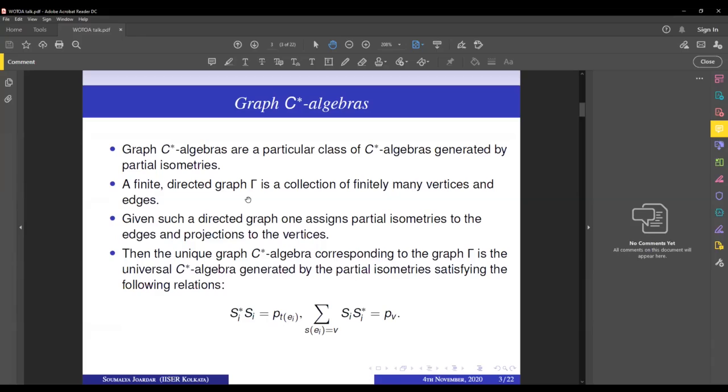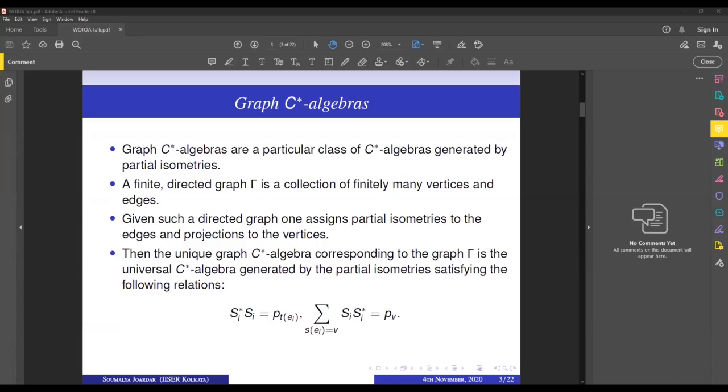From the name you can guess that graphs have to be involved in the definition. Given a graph, we can associate a unique unital C*-algebra generated by partial isometries. Let me quickly tell how we can do that.